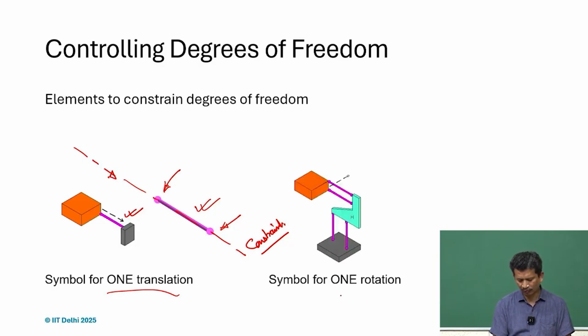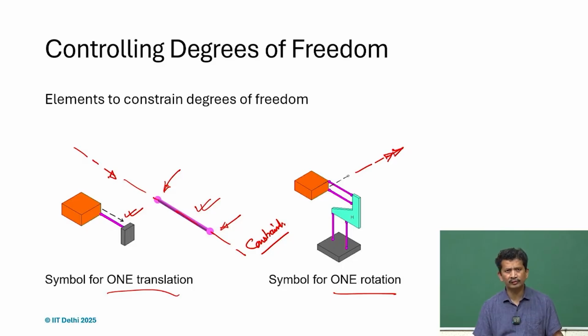For one rotation, what you see here is the direction of the rotation. For rotation we can use two arrows, or we can also show it with the rotational direction, with the dashed line.